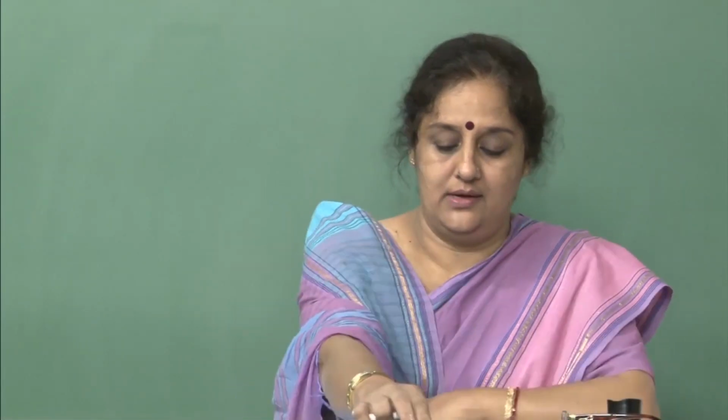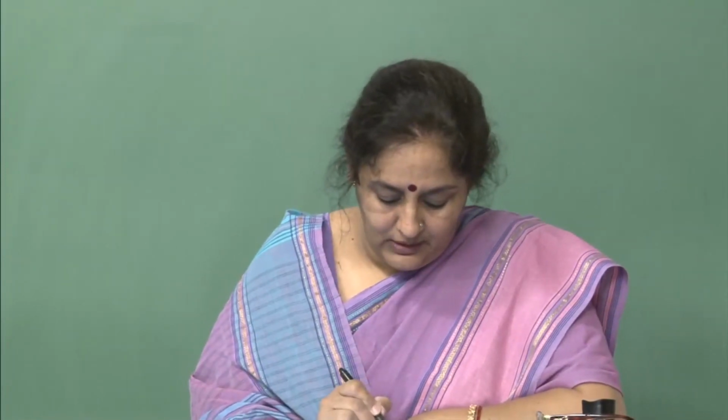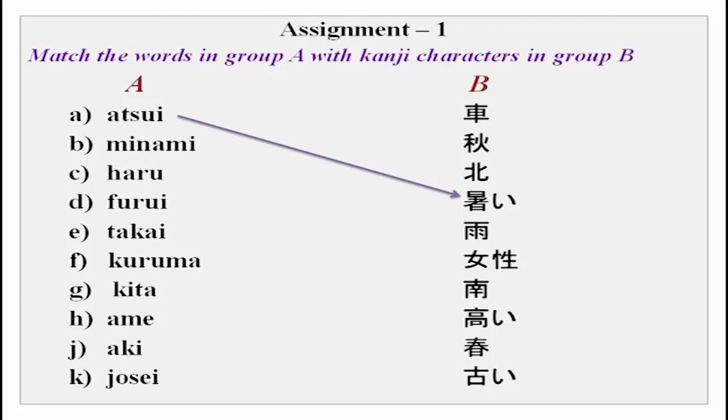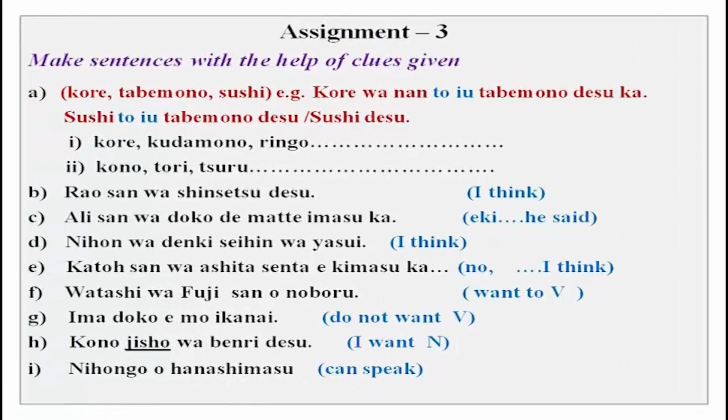And then of course, in the end you have your shukudai to do, you have your assignments to do, and there are a lot of assignments for you. You can see of course, the kanji is there, tick the correct kanji, then write mas form for these verbs which are in te form, then make sentences with the help of clues given.